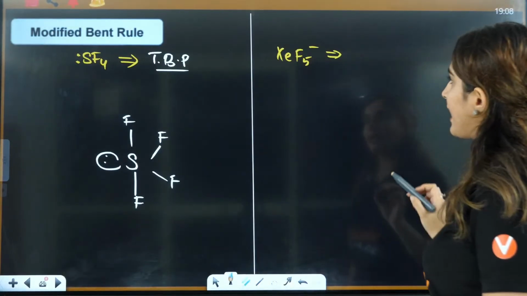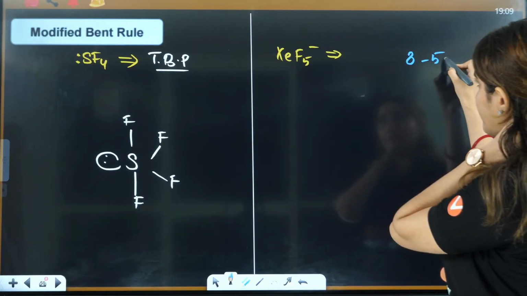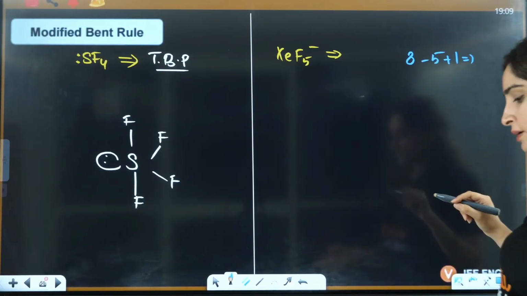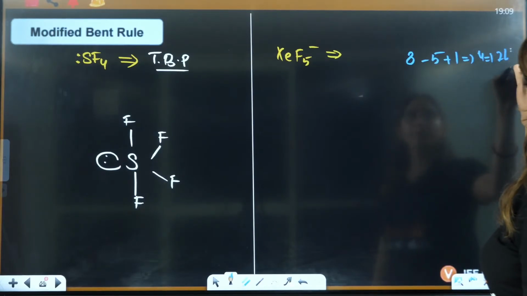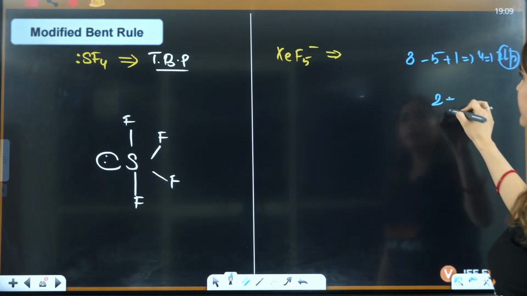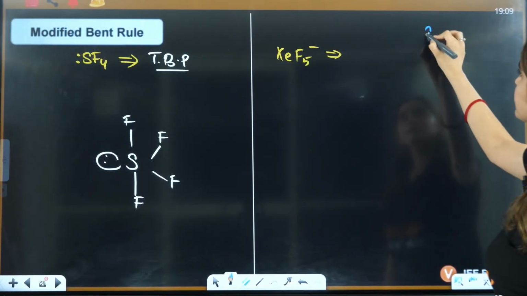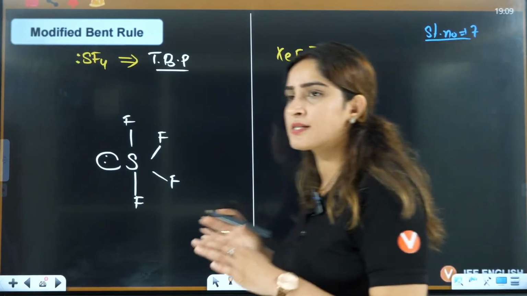If you see XeF5 negative, xenon has 8 outermost electrons, minus 5 plus 1, so it is 9 minus 5, so it will be 4, that means 2 lone pairs. 2 lone pairs plus 5 sigma bonds, it will be 7. So here the steric number is going to be 7. This we have discussed in the previous class as well.